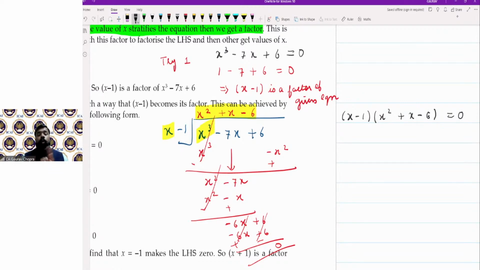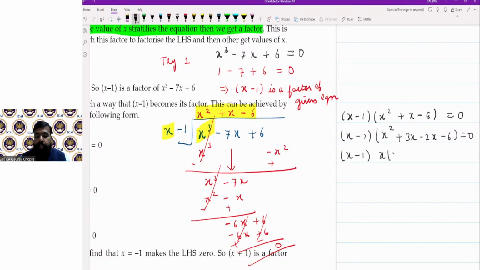Now this quadratic equation we will solve using the splitting method. So we require product -6 and sum as +1. It can be taken as x square plus 3x minus 2x minus 6 equal to 0.